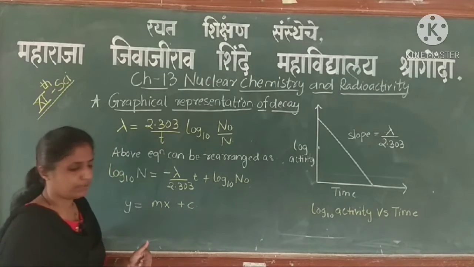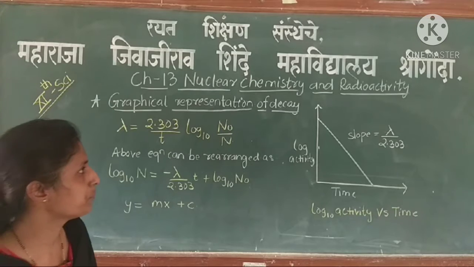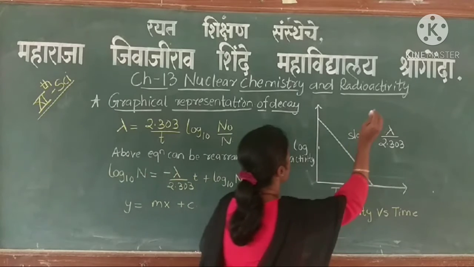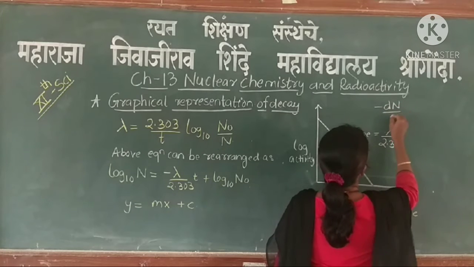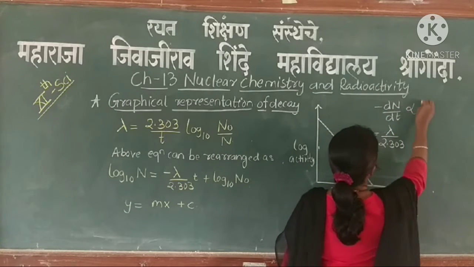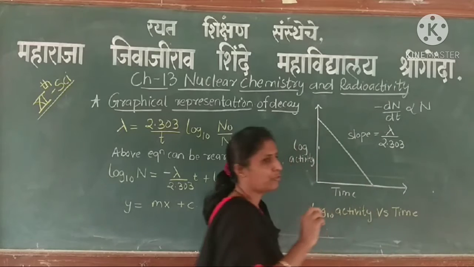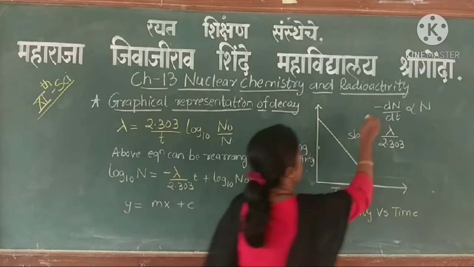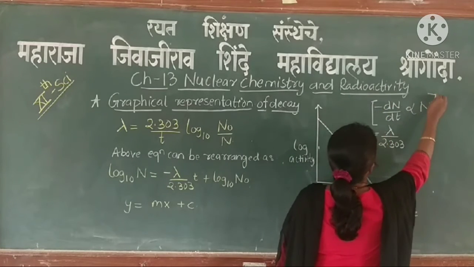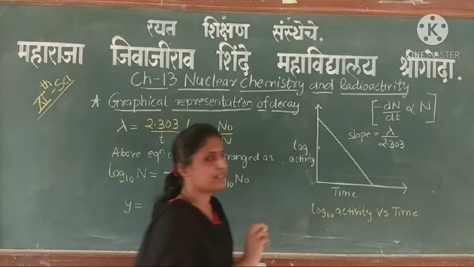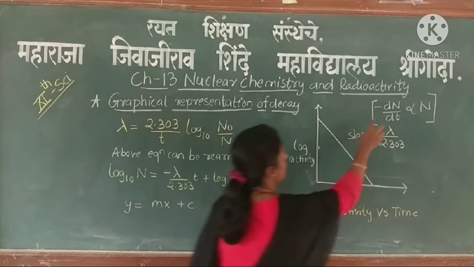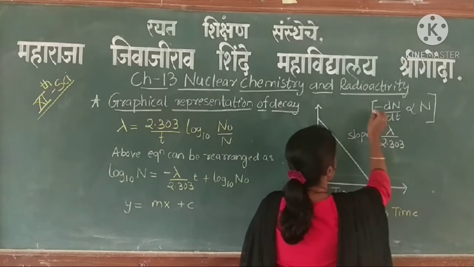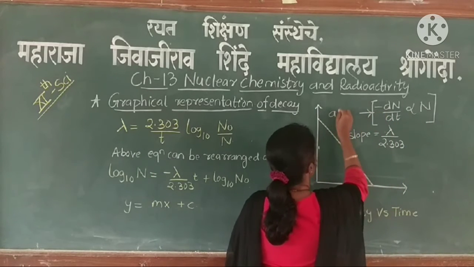But we know that minus dN upon dt is directly proportional to the number of nuclides at time t. This we have studied. Minus dN upon dt is directly proportional to N, and this is nothing but your activity.